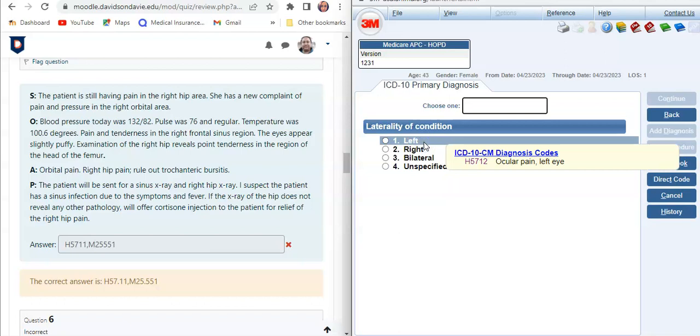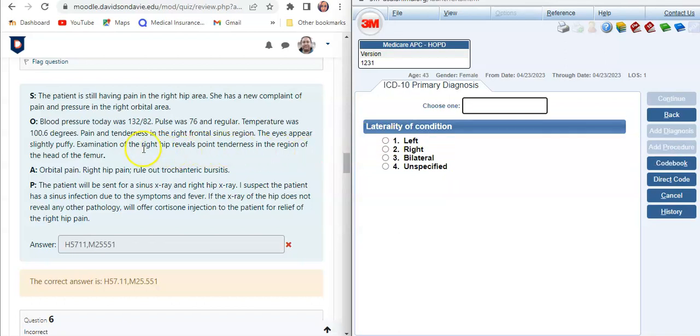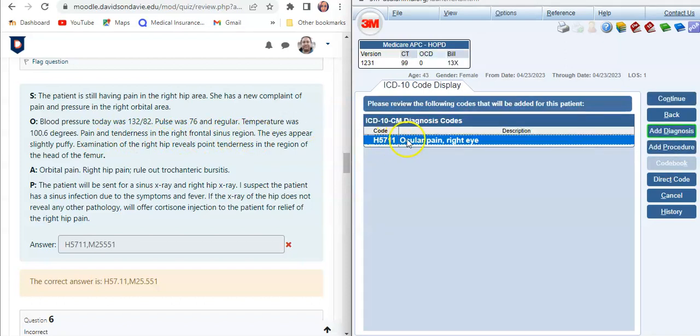And if you look, I think it tells, well, it says the right hip. I thought it said something about here which pain and tenderness in the right frontal sinus region. I'm going to go ahead and put right. So, yeah, right eye ocular pain. Okay, so H57, remember the point, 11.